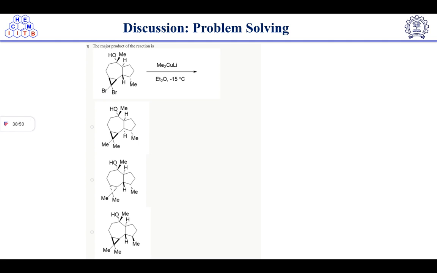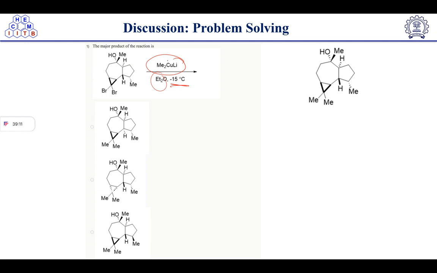Next one, the major product of the following reaction. So this is a Gilman reaction. You can see on the arrow, Gilman reagent is there in ether, minus 15 degrees. So in Gilman reagent, what happens? Here there is no alpha beta unsaturated double bond.